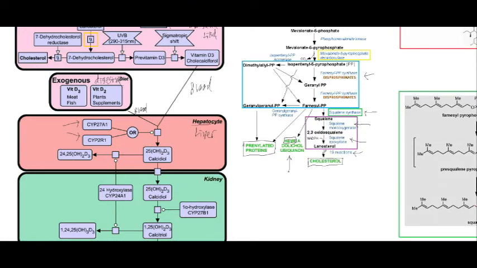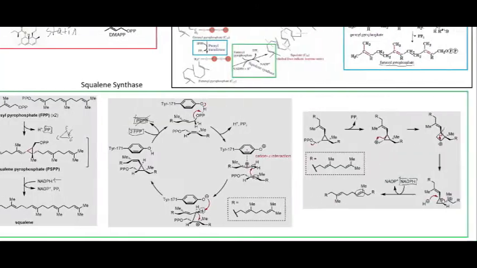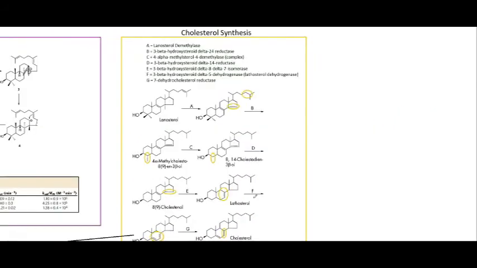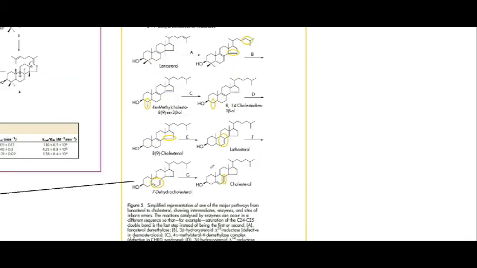So now we've generated our lanosterol. Now we go through this long series of reactions. This is cholesterol synthesis. Up here I just have the names of all the enzymes, A, B, C, D, E, F, G. We start with our lanosterol.